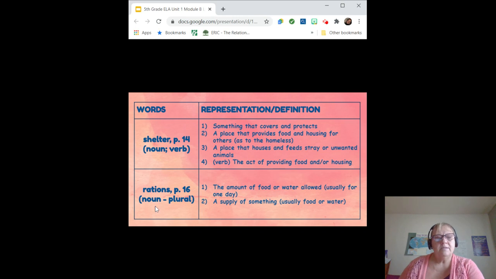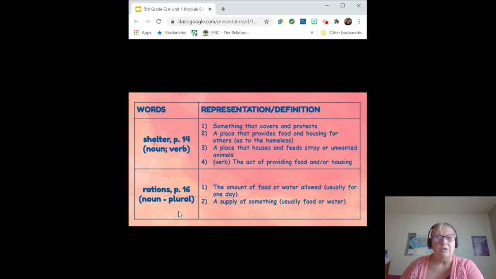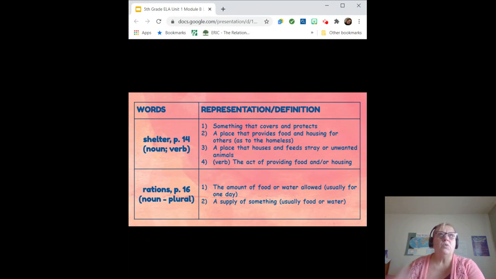The second word is rations, page 16. It's a noun, but this time with the S added on, it's plural. So it means more than just one set amount. So it would be the amounts of food or water allowed, usually for one day.